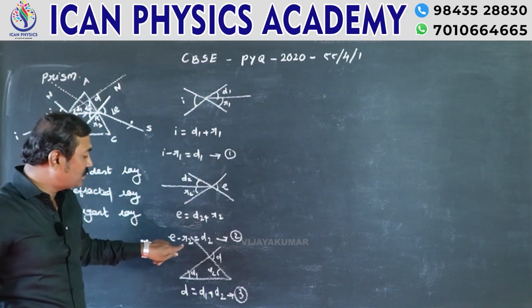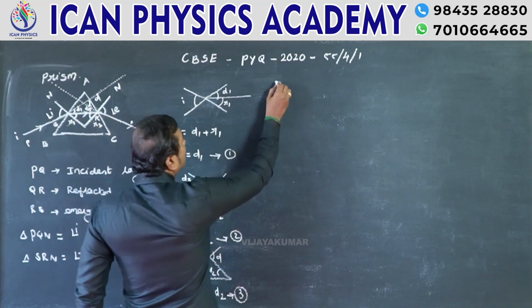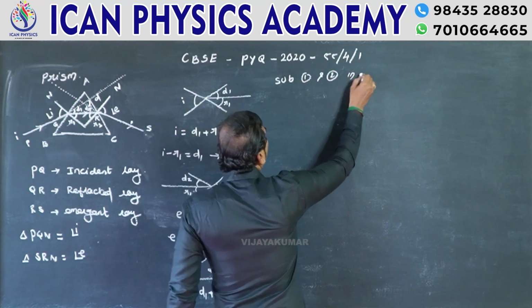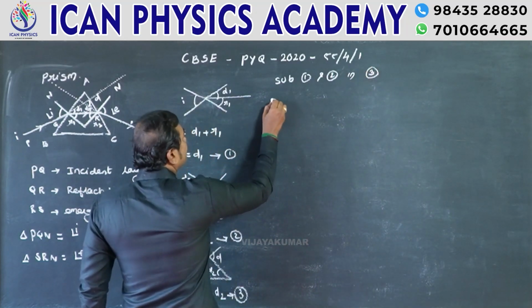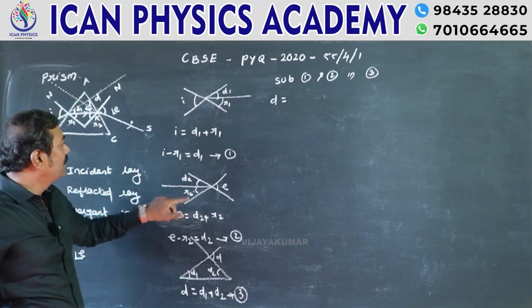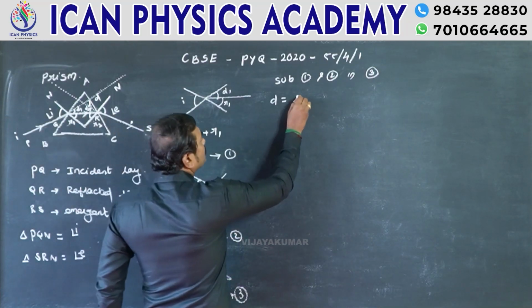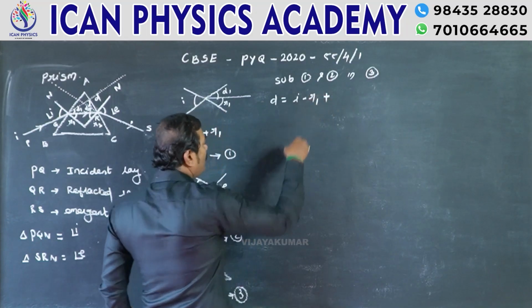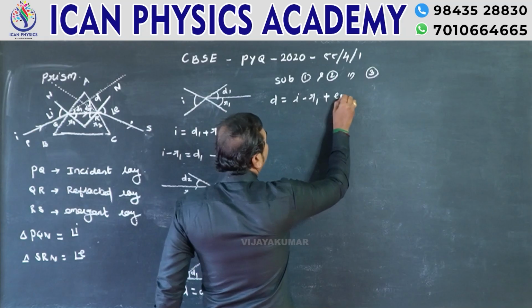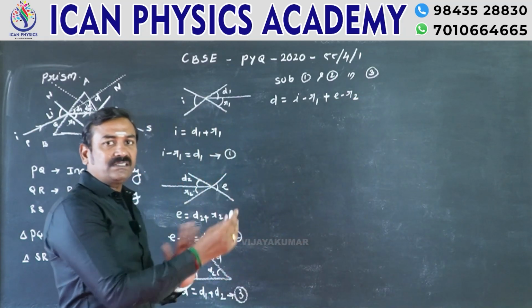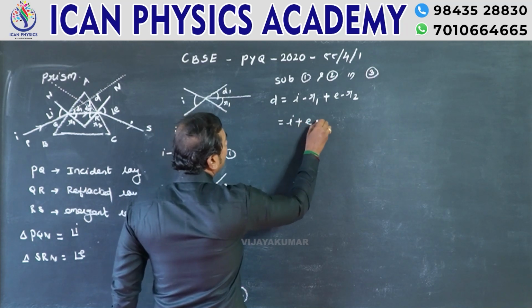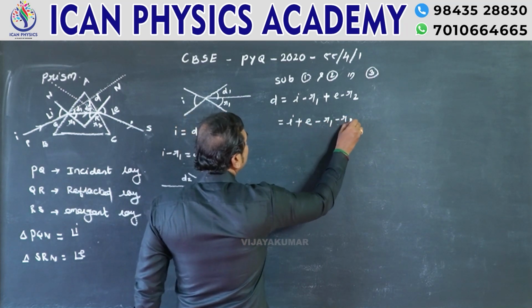Now substitute 1 and 2 in 3. So we get D equals D1, and what is the value of D1? I minus R1. So I minus R1 plus D2, which is E minus R2. Now we can modify the formula: I plus E minus R1 minus R2.